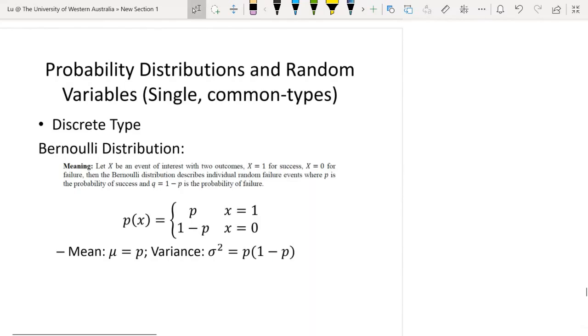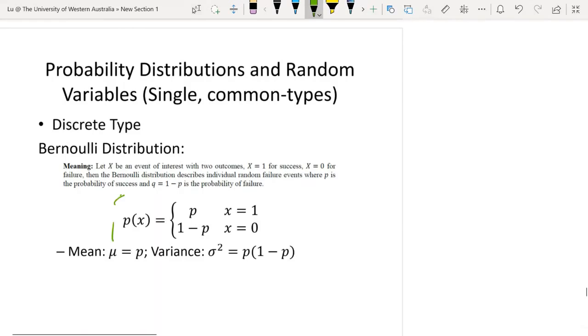In other words, this random variable X has only two possible outcomes, 1 or 0, 1 for success, 0 for failure. Then the Bernoulli distribution describes individual random events where P is the probability of success, and Q, which equals 1 minus P, is the probability of failure.